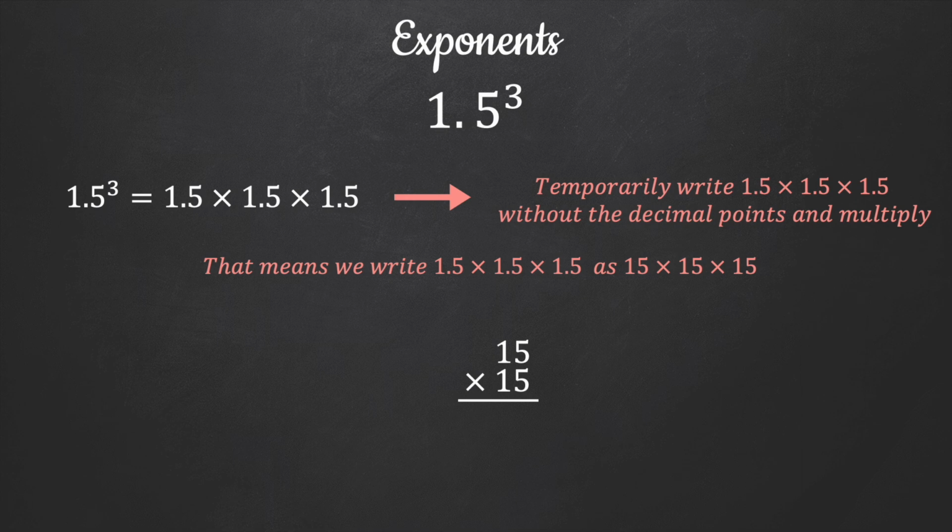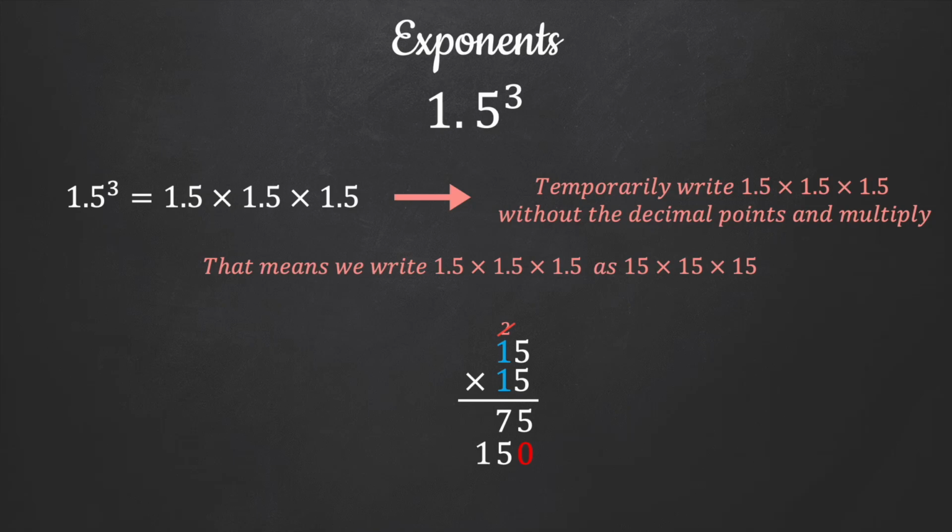So we're going to go ahead and start multiplying 15 times 15. 5 times 5 is equal to 25, so we bring down the 5 and we carry over the 2. Then 5 times 1 is 5, add the 2 and we get 7. Then we're going to add a place value holder, a 0, and then we're going to go ahead and multiply with our 1. So 1 times 5 is equal to 5, and 1 times 1 is equal to 1.